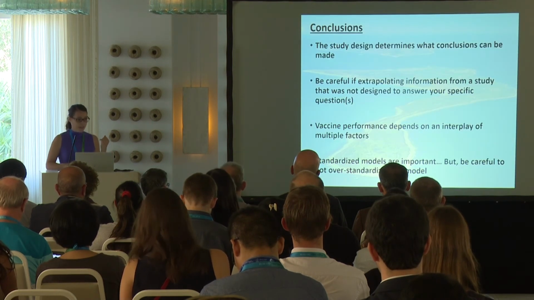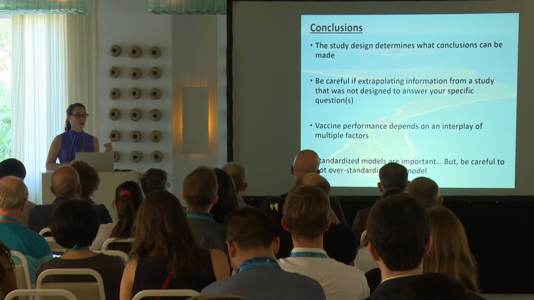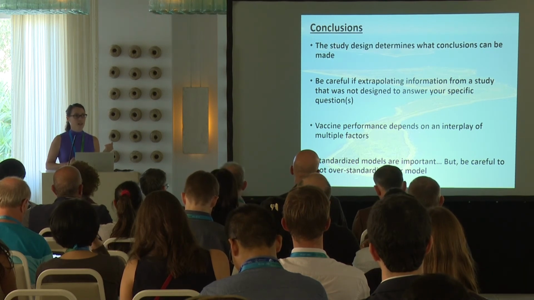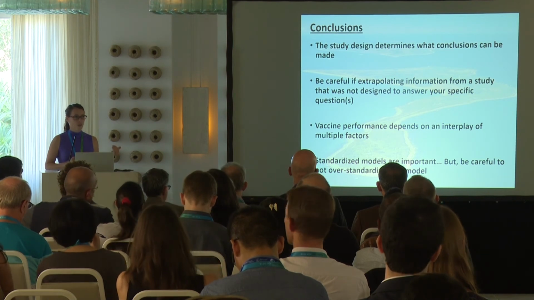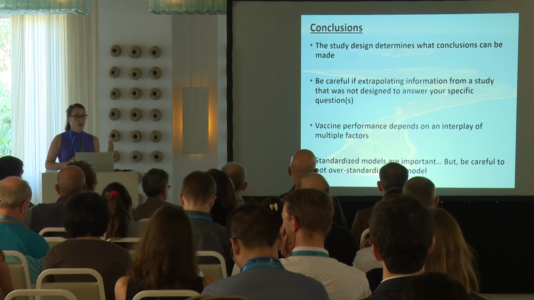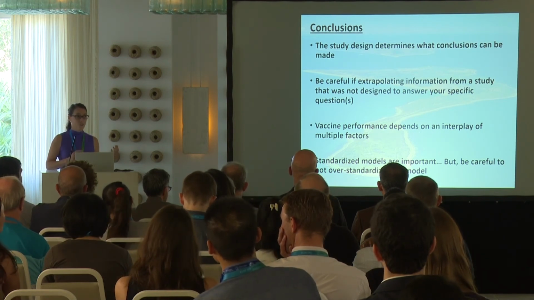So my main message for this is that the way you design your experiment directly dictates what conclusions can and should be made. And specifically, be careful if extrapolating information from a study that wasn't actually designed to answer that specific question. As we know, vaccine performance will depend on interplay of multiple factors, and the standardized models are a way of actually dealing with that.